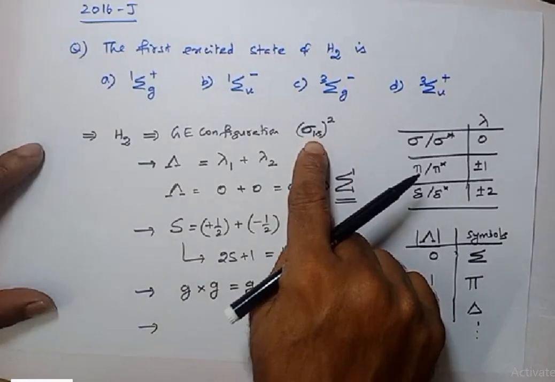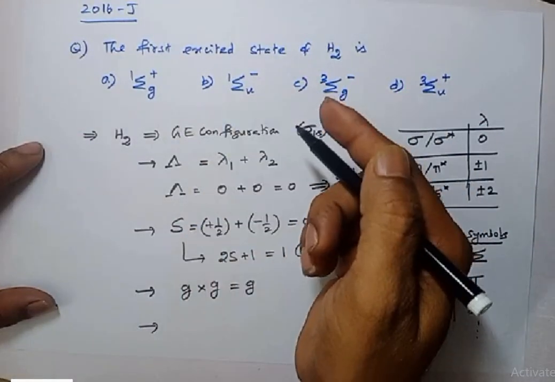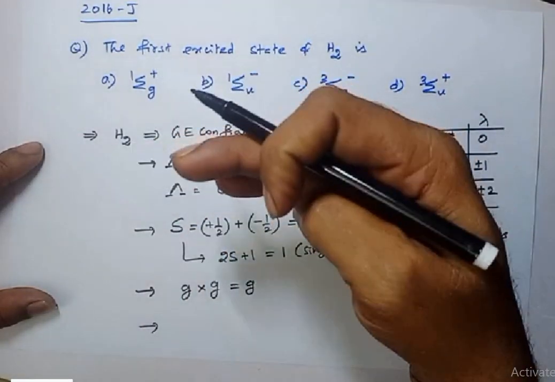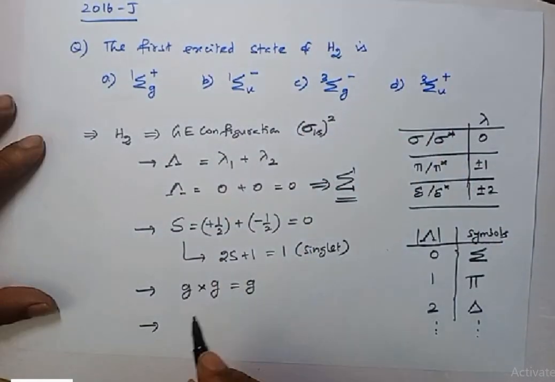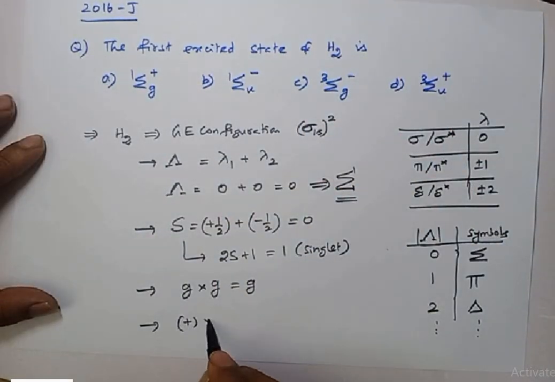So both are symmetric with respect to reflection about the internuclear axis. Symmetric means plus. So for electron 1 it is plus. Since electron 2 is also present in the same orbital, that is also plus. Plus into plus is plus.